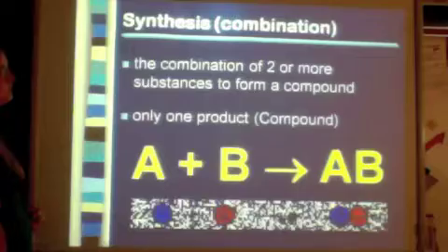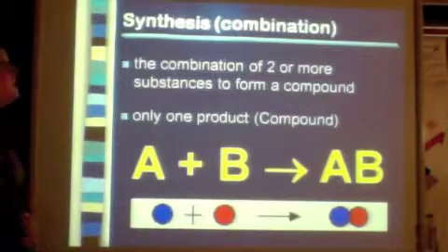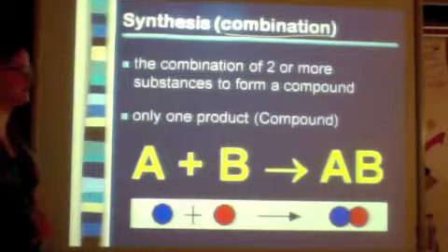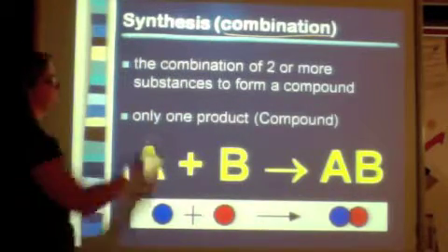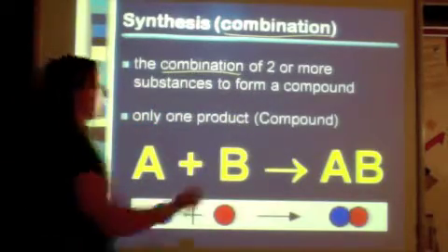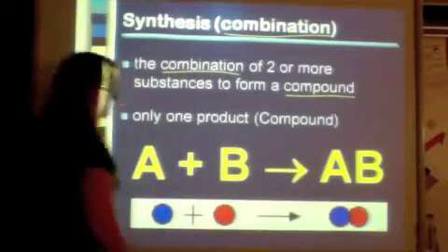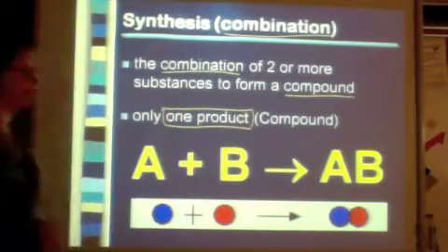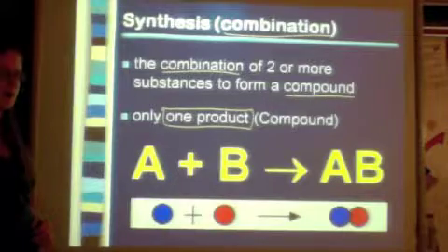Then you have the opposite of decomposition, which is the synthesis reaction, which means to combine. So synthesis and combination mean the same thing. So synthesis means the combination of 2 or more substances form a compound. So the key thing you're going to look for is one product. It's going to form one compound.